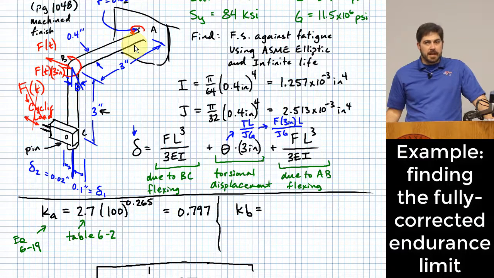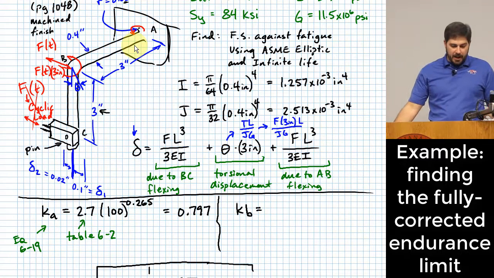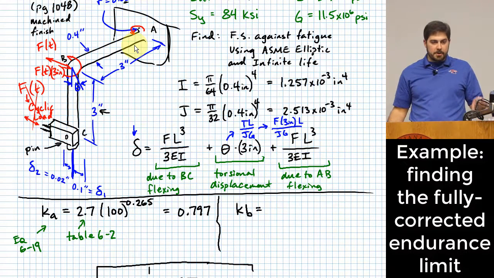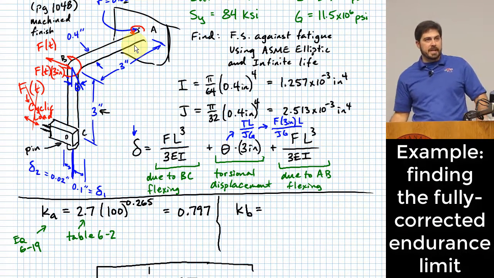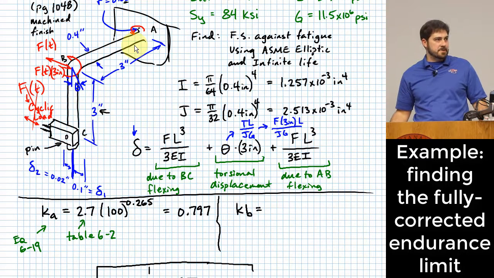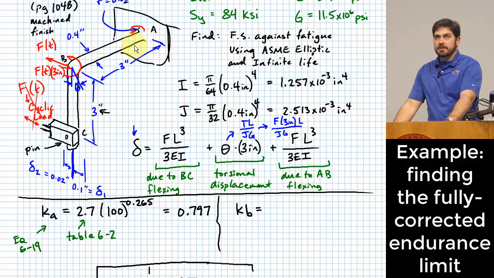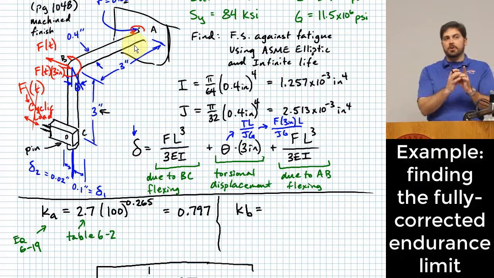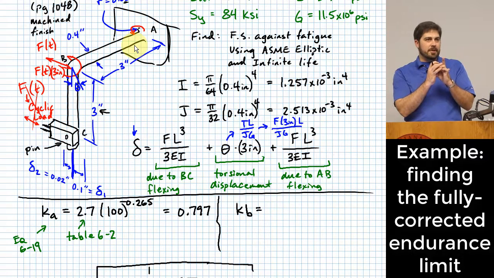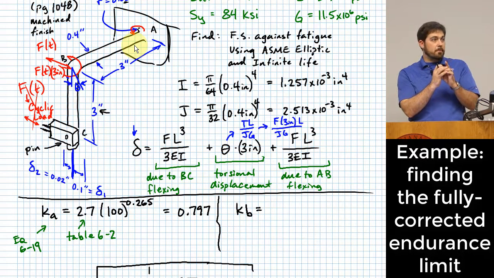So I would actually say that if you understand what the size factor does, the size factor basically accounts for if there's more material or less material that ends up feeling your highest stresses. Okay? What we actually have here is a situation where that whole entire donut may not feel all of those high stresses, but we could conservatively say that it does. Right? And the book doesn't actually give us guidelines on what to do in this situation.